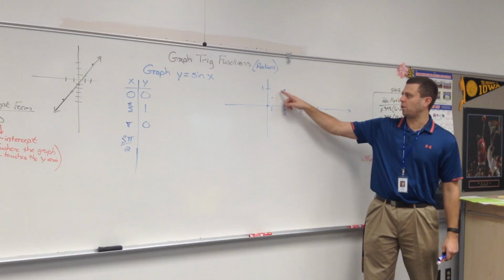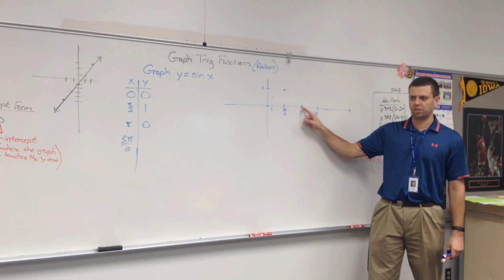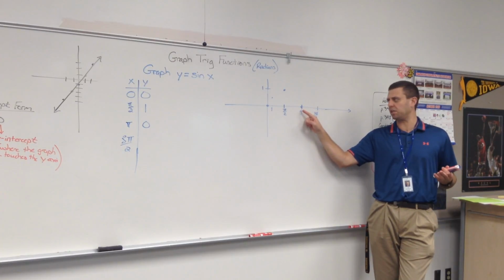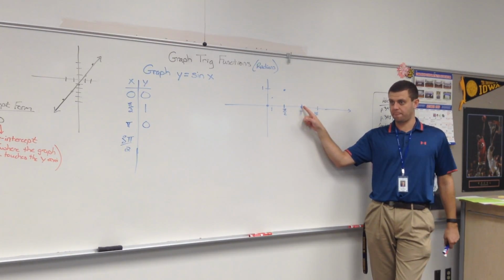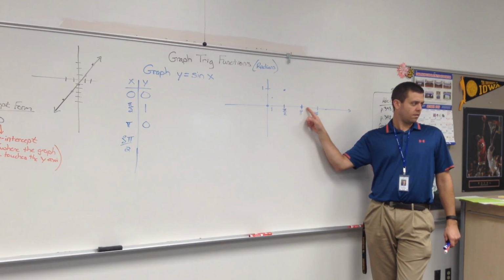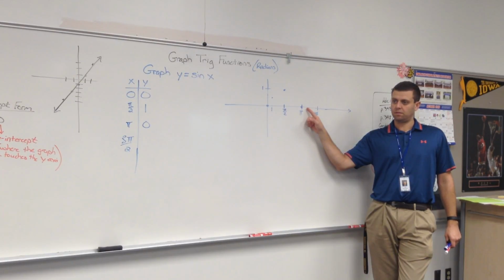So anyway, we made our way up to 1, then we made our way back to 0 here, right? I'm going to go back to degrees for a second. Sine of 180 was 0, right? How about sine of 210? Negative 1/2. How about the sine of 225?